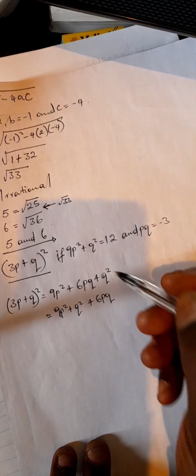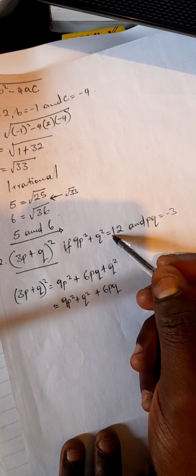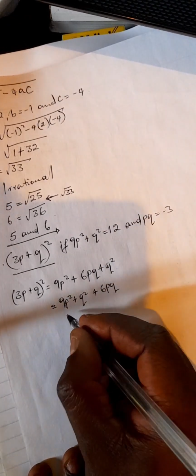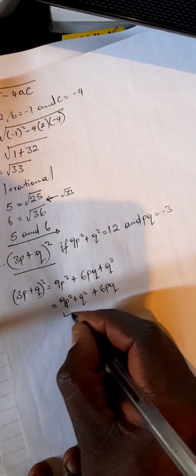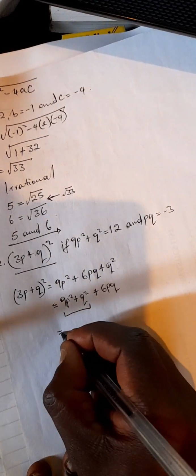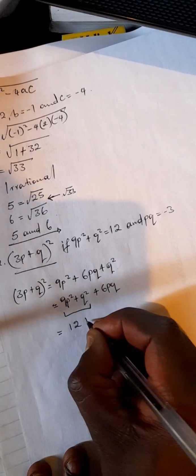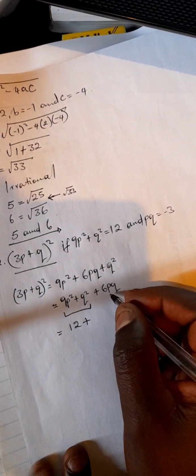But we were told in the problem statement that 9p squared plus q squared equals 12, right? This part here equals 12. So we substitute 12 plus 6 times pq.